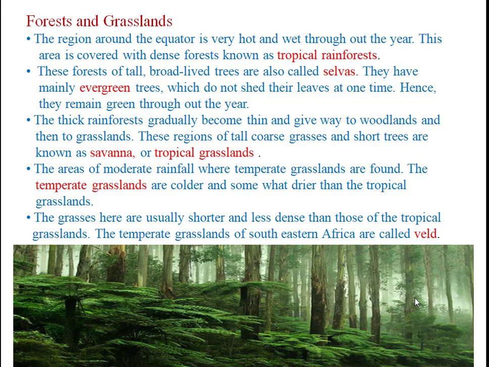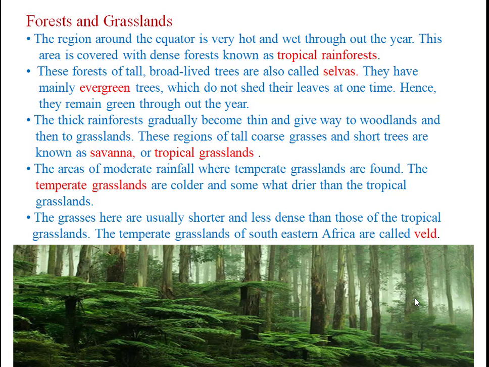Forests and grasslands. The region around the equator is very hot and wet throughout the year. This area is covered with a dense forest known as tropical rainforest.